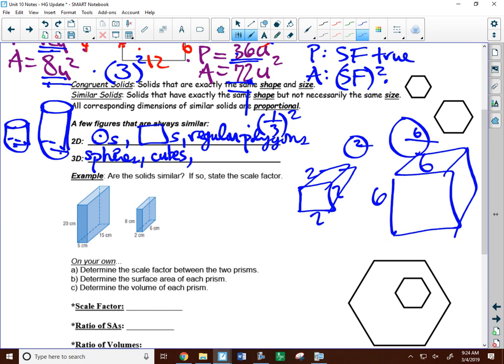And then regular polygons in 3D are the Platonic solids. If you remember, there's the regular polyhedron. A polygon was a 2D shape made of line segments. A polyhedron was a 3D shape made of polygons.